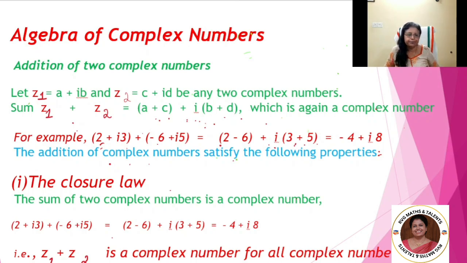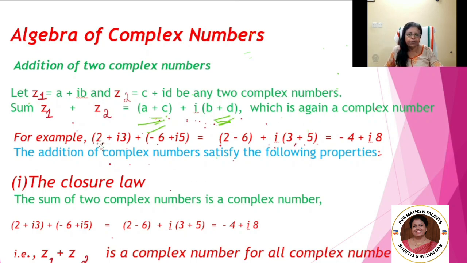That means we have to add the real parts and add the imaginary parts. Then we get this number a plus c. The sum of the real parts will be the real part of the new complex number, and the sum of the imaginary parts will be the imaginary part of the new complex number. That means the sum of two complex numbers is again a complex number.